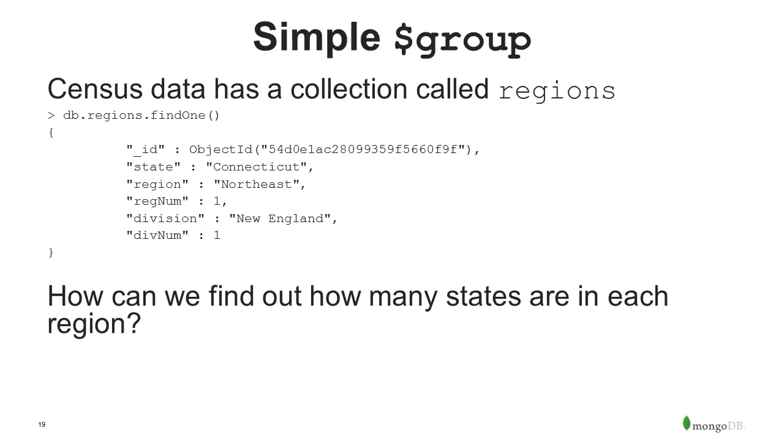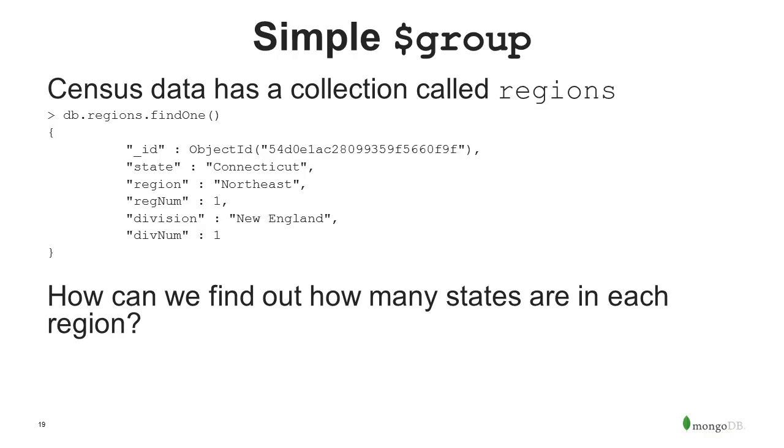All right, so there's also a collection called regions in this data set, which basically organizes each state into one of the different regions. Let's say we were interested, and here's an example document from the regions collection, state, and then division.